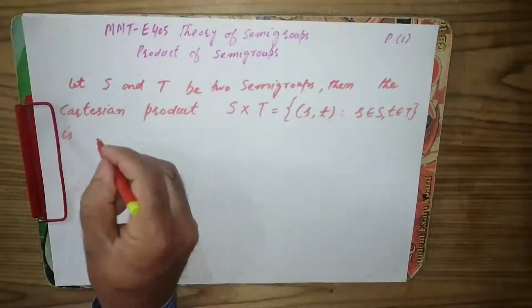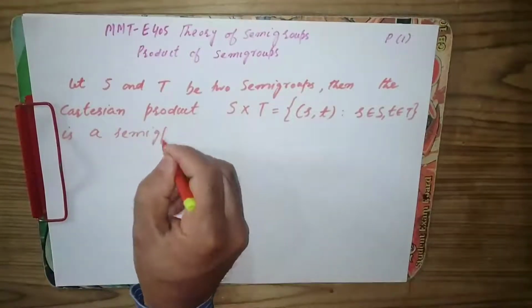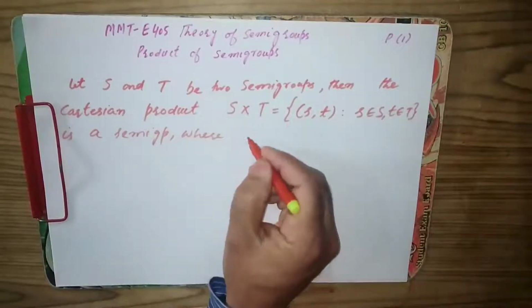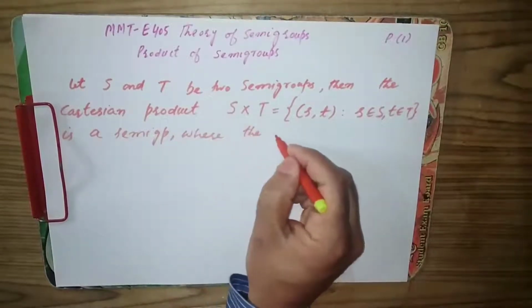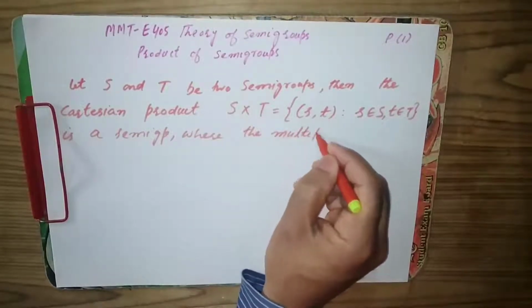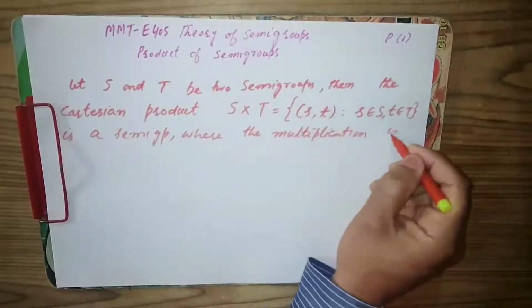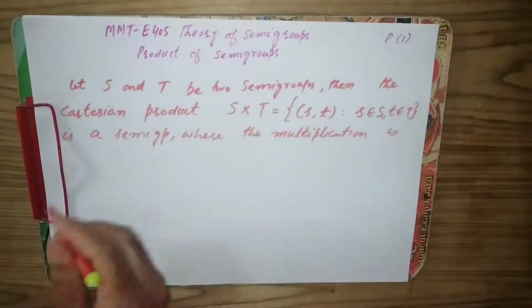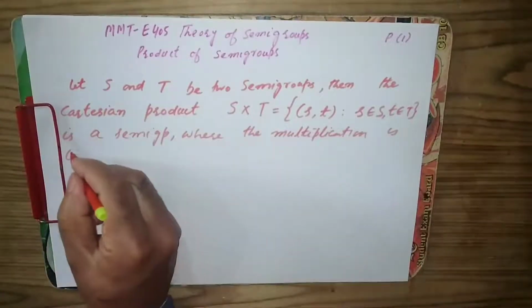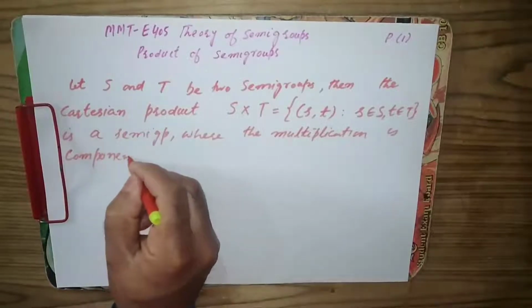It's a semigroup where the multiplication is component wise, or you can say pointwise.